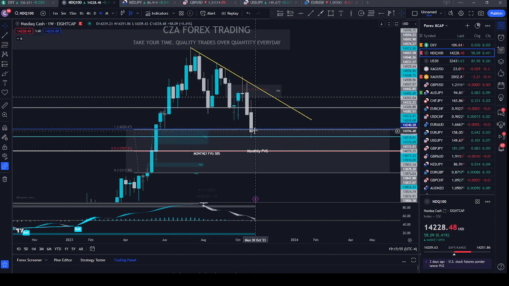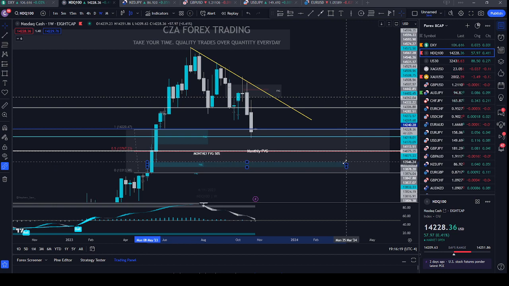We could see some movement in the daily. Let's break it down to the daily right after this. Let's identify these 2 points of interest, right? Let's mark these out. I want you guys to mark these out because we do have some news coming up soon. So here's a weekly fair value gap over here, left hand side.